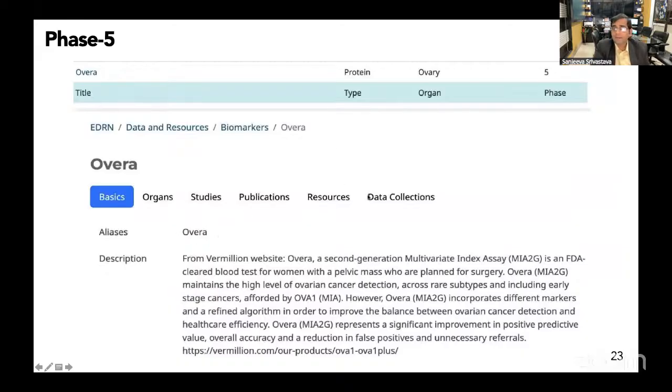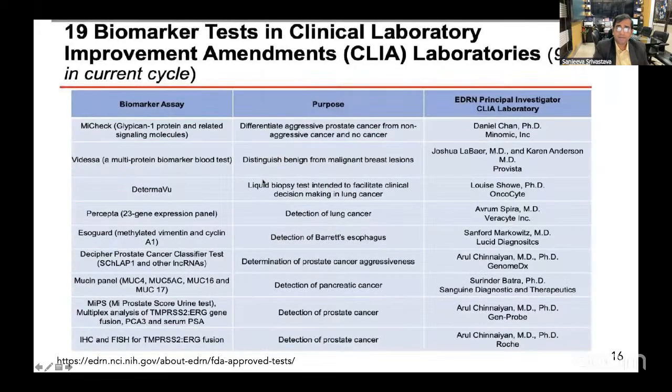So again, students and participants, or maybe some students of a medical background who might be keen to learn more about it, should visit the website of EDRN, the Early Detection Research Network in the US, which is from the NIH. That will give you several of the ongoing tests and the approved tests. For example, many of the clinical laboratory improvement amendments are being updated.